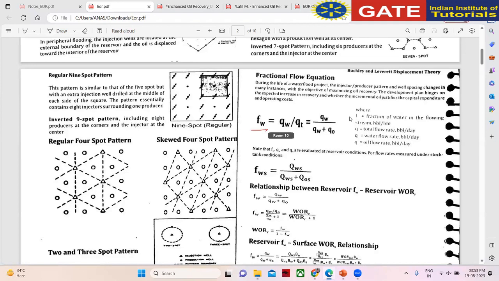FW represents the fractional flow of water. FW is equal to QW by QT. QW is the flow rate of water and QT is your total flow rate. Total flow rate will be your flow rate of oil plus flow rate of water.